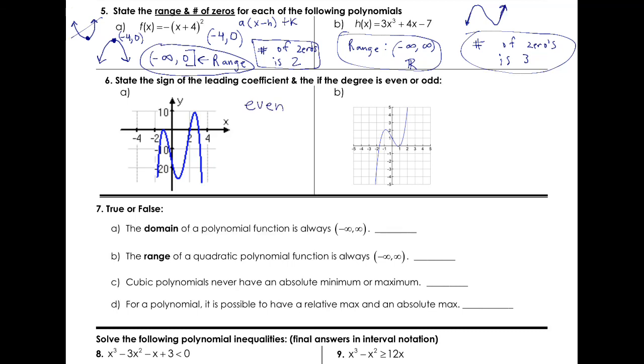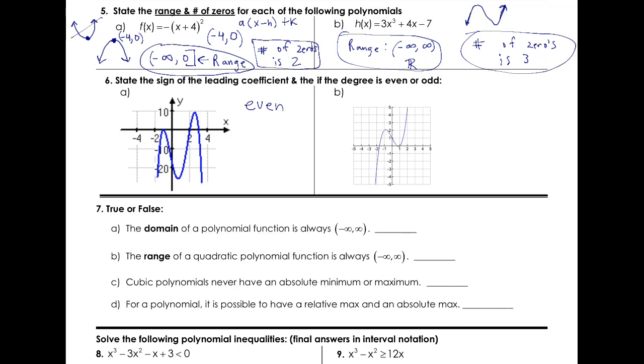The sides match. And then the... I forgot what I was doing here. So it's even because it's left side down, right side down. And then the sign is negative because it's down, down. So it's flipped from up, up.